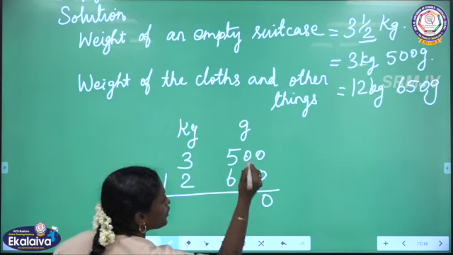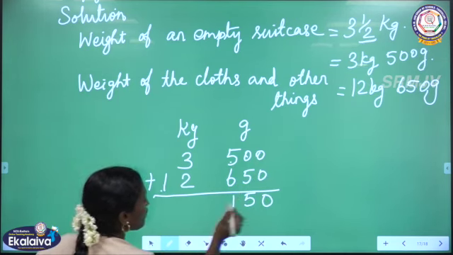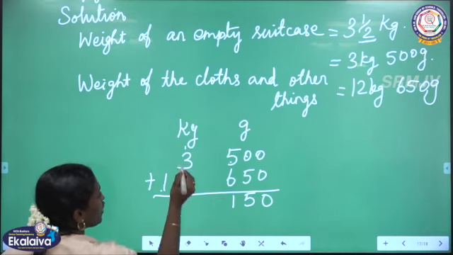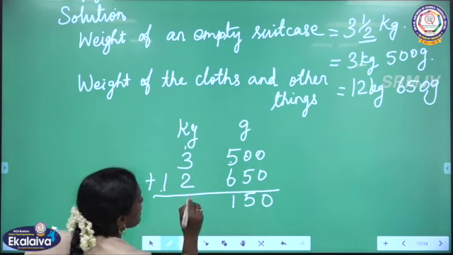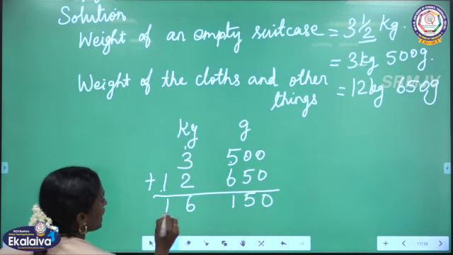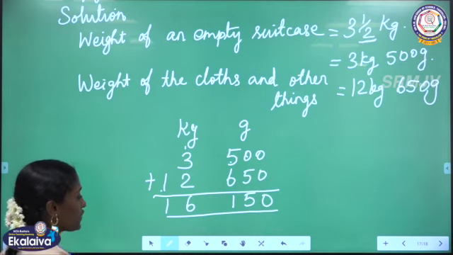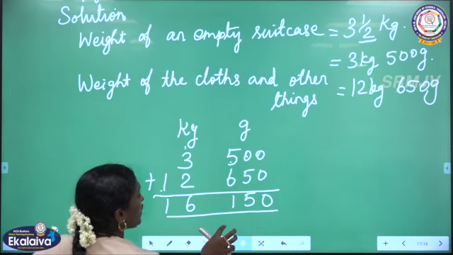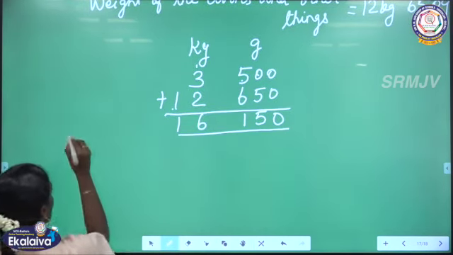Here 0, 0 plus 5, 5. 5 plus 6, 11, 1 here, 1 carry over. 1 plus 6, 7... 1 plus 3, 4, 4 plus 2, 6. Here 1. Now we got 16 kilogram and 150 gram. This is the weight of the suitcase with cloths and other things.